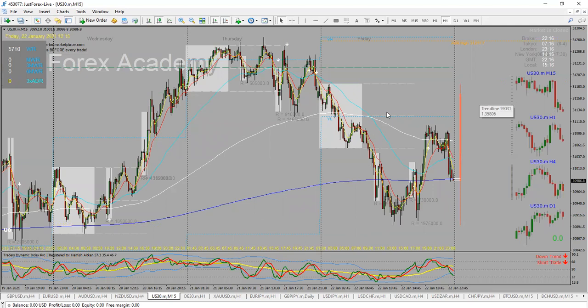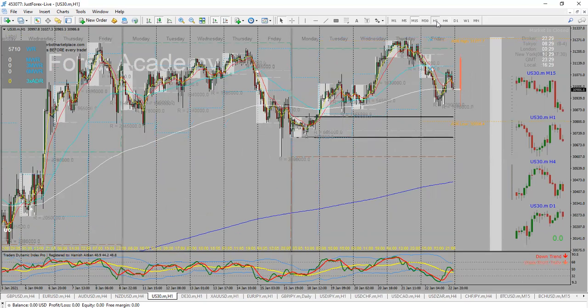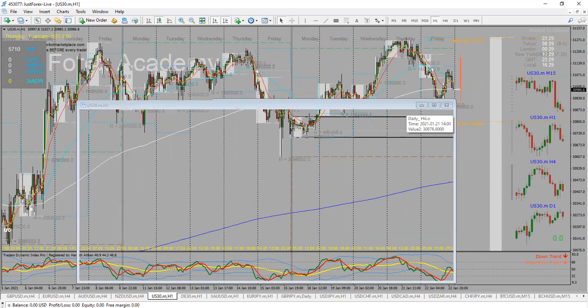I forgot the pair that had that rise from Monday. When you expect the market to come and test these areas, they just don't come to that point and just shoot up.